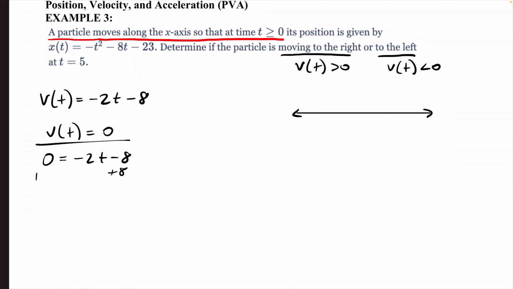So add 8 to both sides, divide by negative 2. Wait, did I do that? Let's see. Wait, what did I do? Did I do something wrong here?